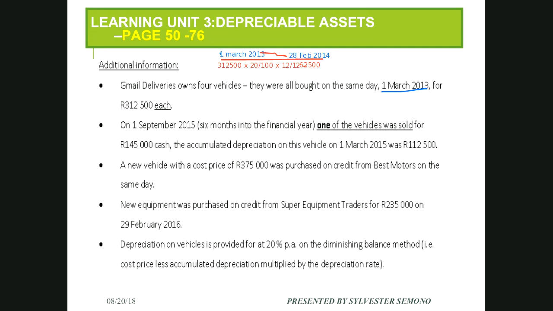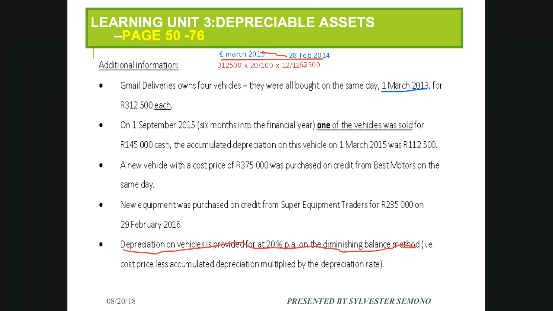The cost of the asset is how much? 312,500. And I'm depreciating it. How do we depreciate the vehicles? Which method do we use? Diminishing balance method.